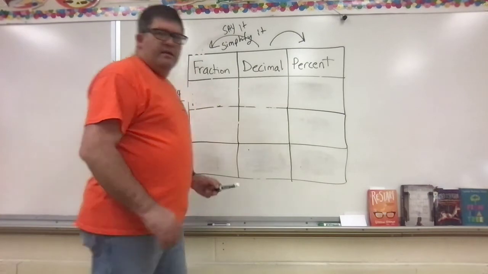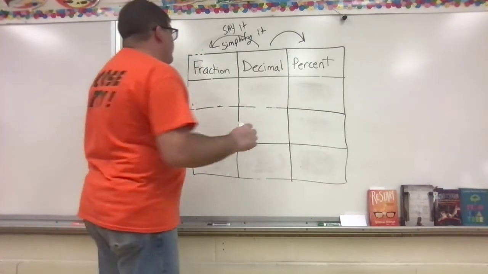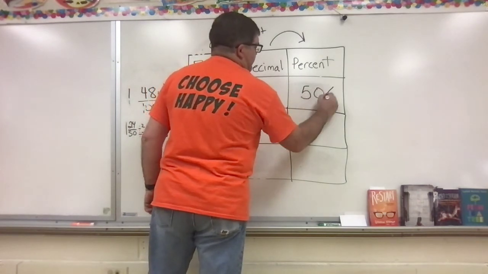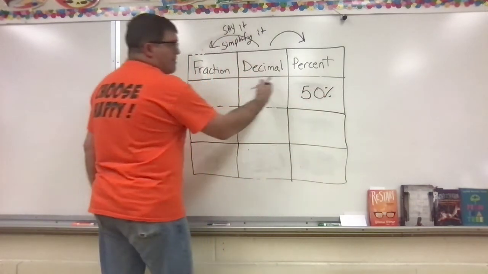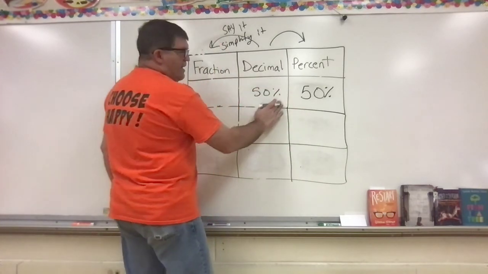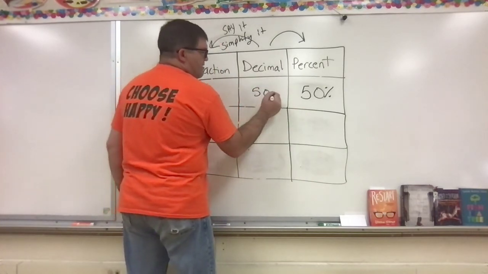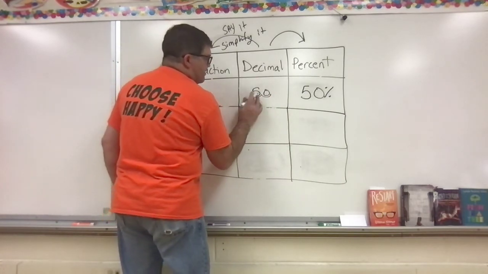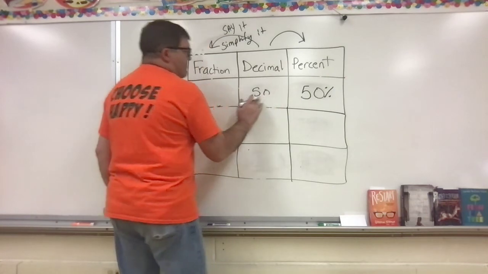Now the other thing I want you to know, I'm gonna do 50% here. Now if I wanna go to the decimal, I get rid of the percent, put my decimal where it is, and then go over 2. 1, 2. So it's 0.5.